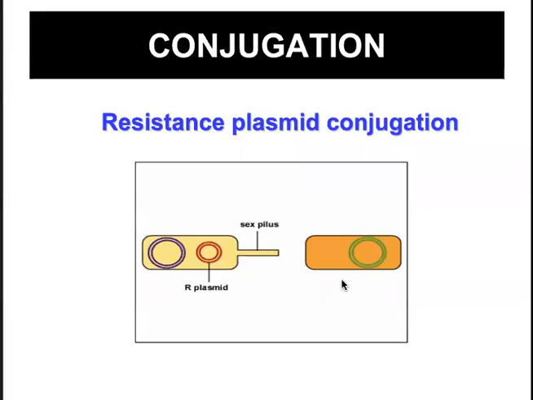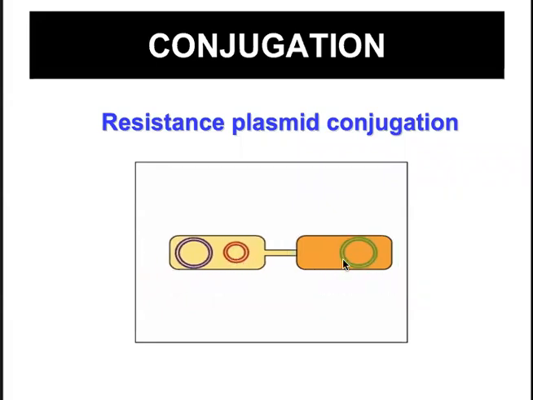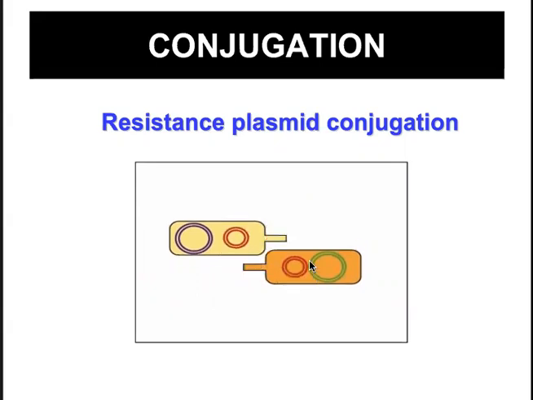So the R positive plasmid is donated onto an R negative, F negative recipient. Once it's shared, it is automatically replicated to produce 2 strands.